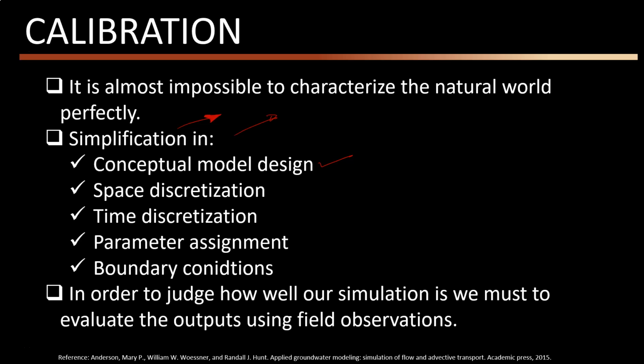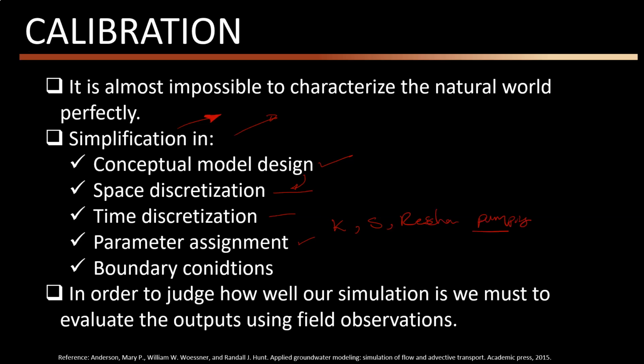And after that, once we wanted to map the conceptual model into the numerical model, we had to again add a little bit of uncertainty due to space discretization and time discretization. And also we said that for the parameter assignment, usually we don't have enough or have too many hydraulic properties, for example, hydraulic conductivity, storage coefficients, and recharge information, also pumping information.